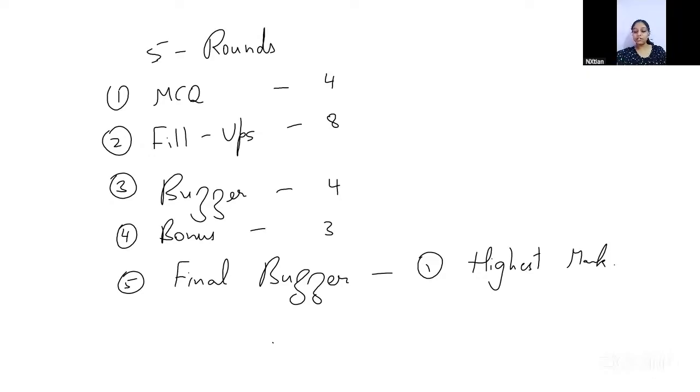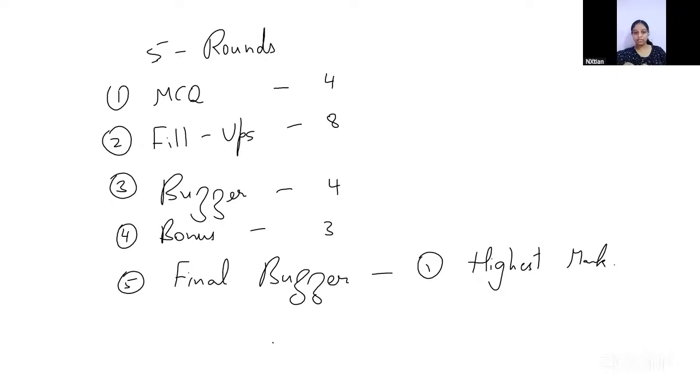Actually, I'm thinking MCQ and fill-ups can be 2 marks each, buzzer also 2, bonus maybe 1.5, and final buzzer 3. So the first 3 rounds, 2 marks each question.